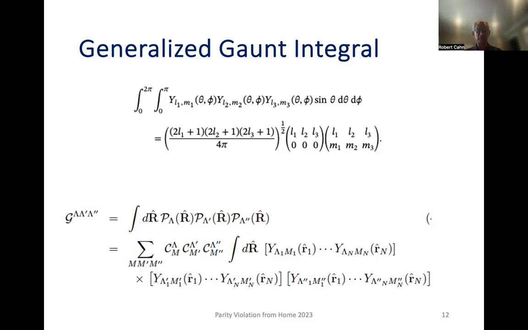And so we multiply together three of these, just the way we multiply together three spherical harmonics, and then you integrate over all the angles. That dR hat stands for integrating over all three angles. And that's written maybe more explicitly here. And so that's something you have to compute.